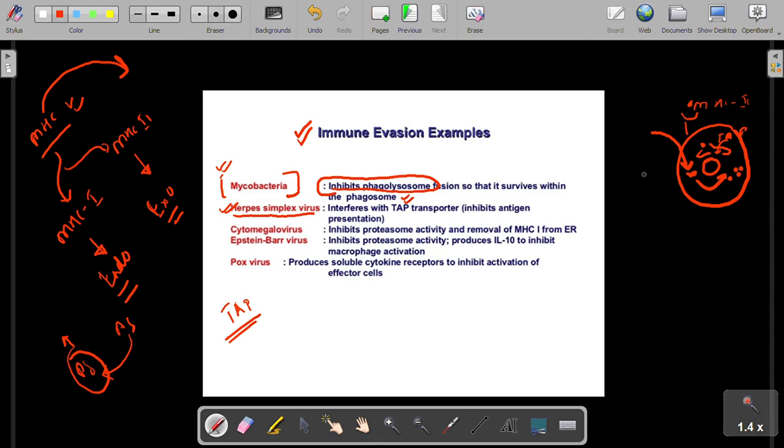So the TAP, which is responsible for the transport of these antigens to the endoplasmic reticulum, is inhibited by the herpes simplex virus. So it inhibits the antigen presentation.